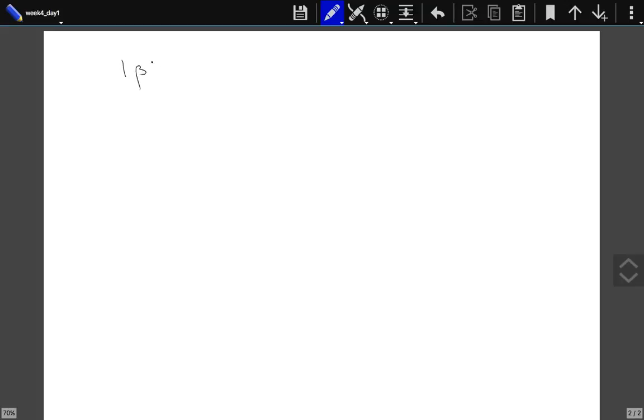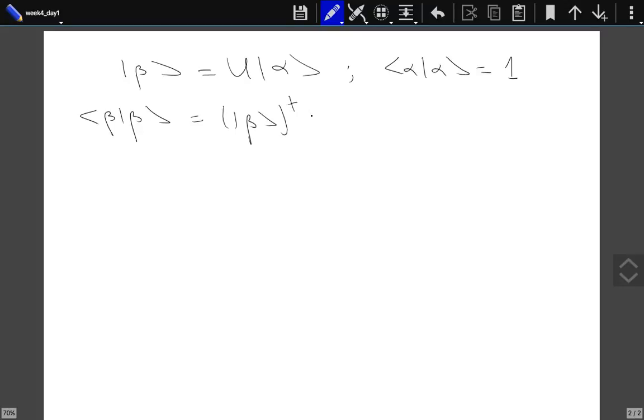So if you define, for example, |beta> to be equal to U times |alpha>, where |alpha> is a normalized state, <alpha|alpha> is equal to 1, then <beta|beta>, well, let me write it in this form, the beta ket dagger multiplied with beta. Well, the beta ket is defined in the first line. If you take the dagger, it just means convert bras into kets, kets into bras, and switch the order of the things.